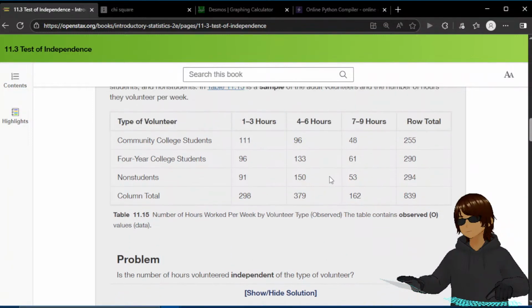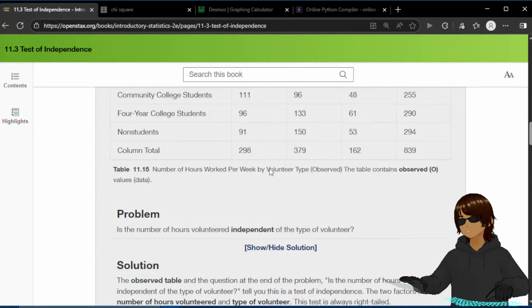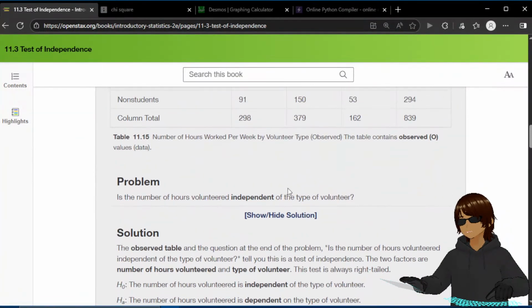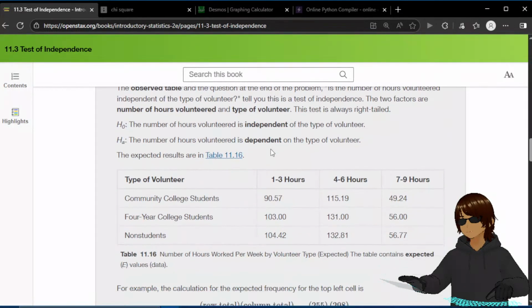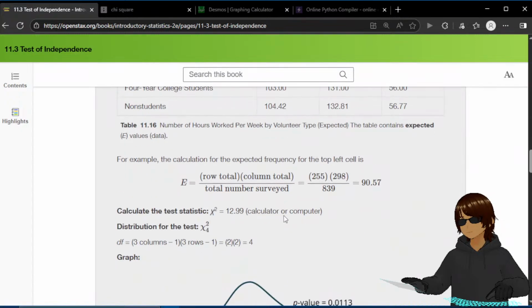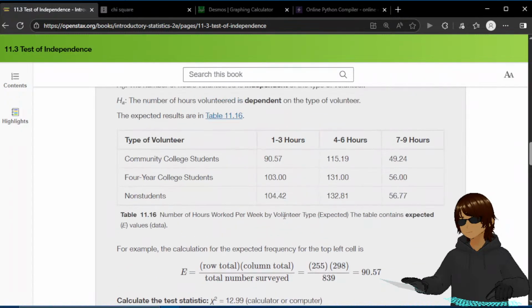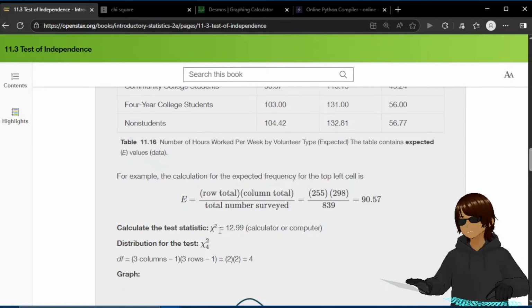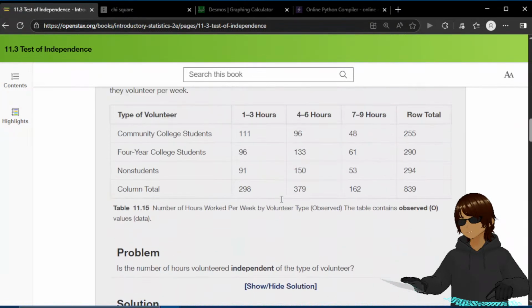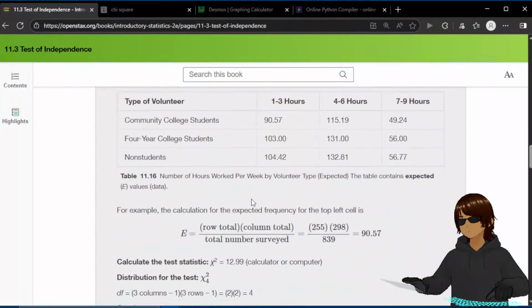So if the rows and columns were independent, then we do this for every single one? We do, right? And then we have to subtract this minus that, oh, that would take so long.